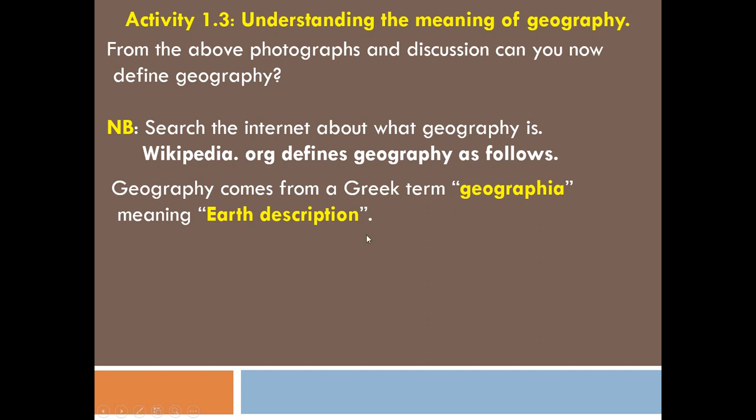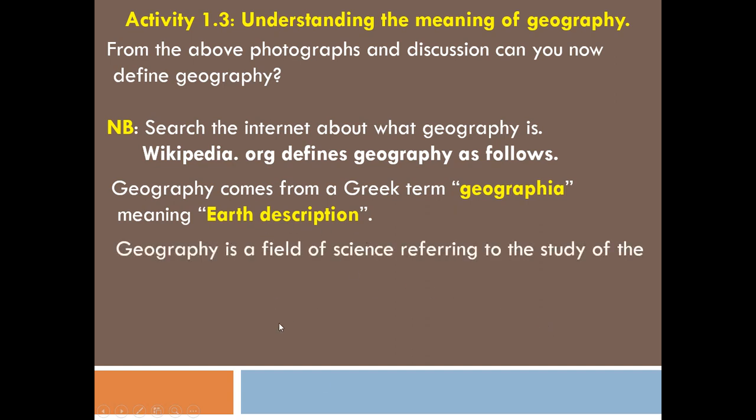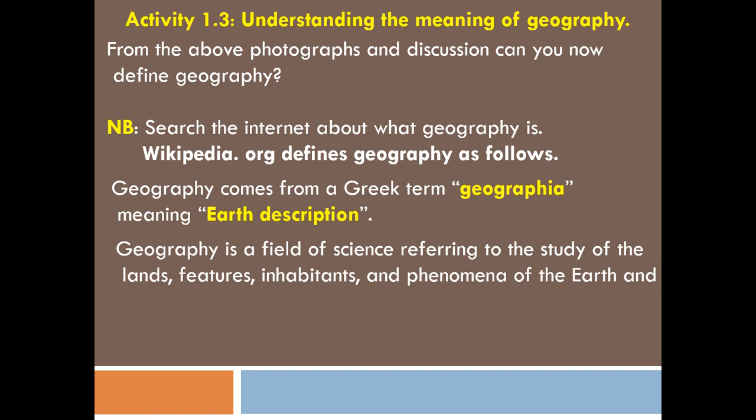The same site goes ahead and defines geography as a field of science referring to the study of lands, features, inhabitants, and all the phenomena of the earth and other planets, because we know earth is a planet, but there are other planets.